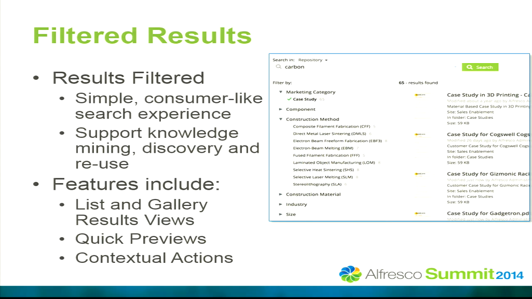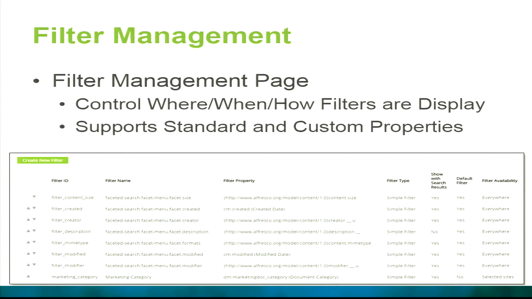All of those actions are now surfaced in the search results, and they are contextual. What I mean by that is it knows what permissions you have and what actions are permissible on the individual items in the search results. So it makes life a lot easier, with a lot fewer clicks involved in actioning those things once you've got them.